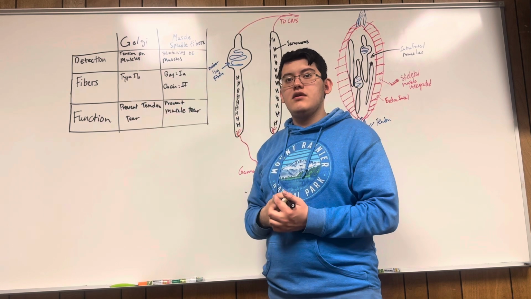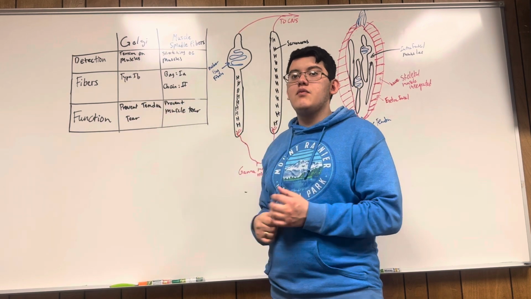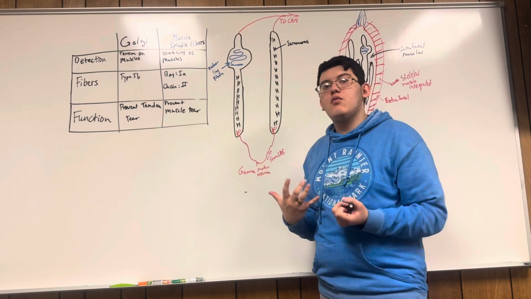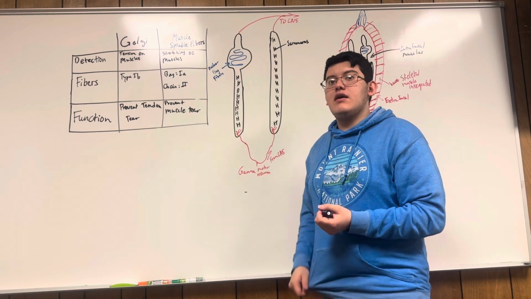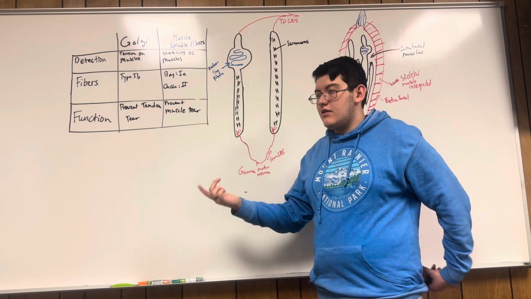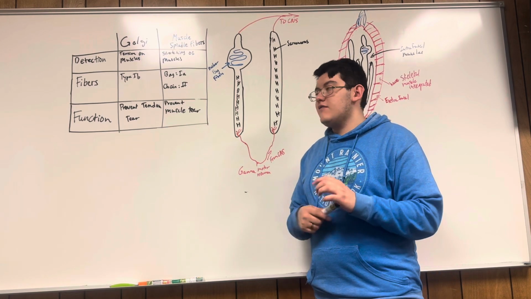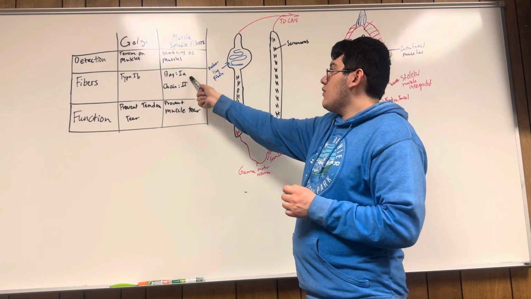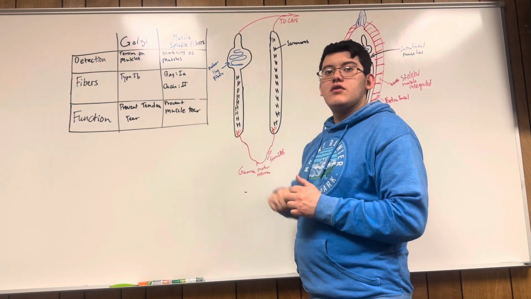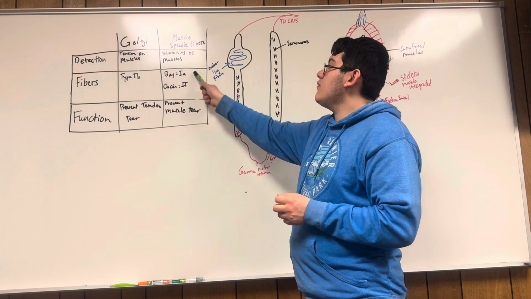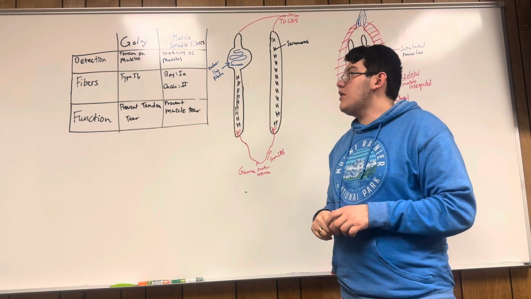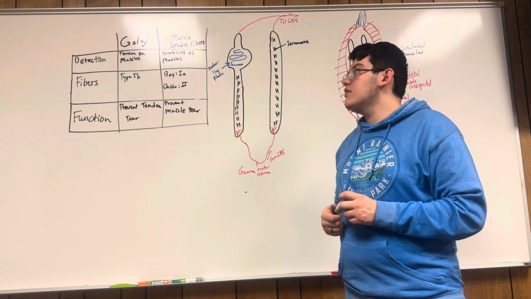Our Golgi tendon organs use type 1B fibers that work pretty fast, and they're afferent, and they send signals as fast as possible. While here the muscle spindle fibers have the bag 1A and the chain type 2. The bag 1A work extremely fast, as we talked about, while the chains work pretty slow.